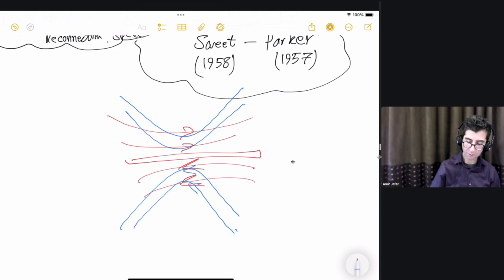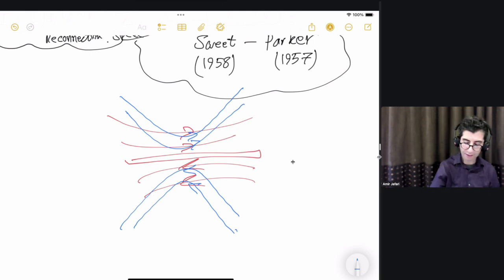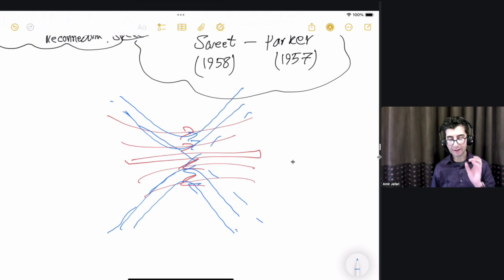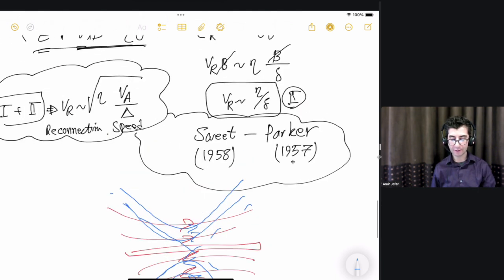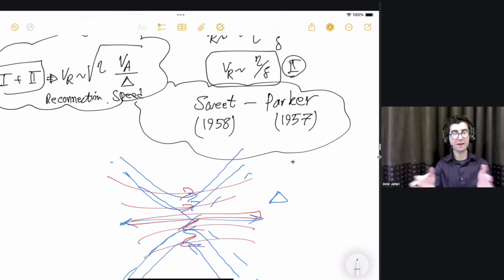Magnetic field lines move in this manner, and you have a kind of X-shaped geometry. X-shaped geometry means that you are basically working with a smaller capital delta, which was the length of the current sheet. By making it smaller and smaller, since it's in the denominator here, you get a larger and larger velocity. So this is one remedy, one of the oldest.